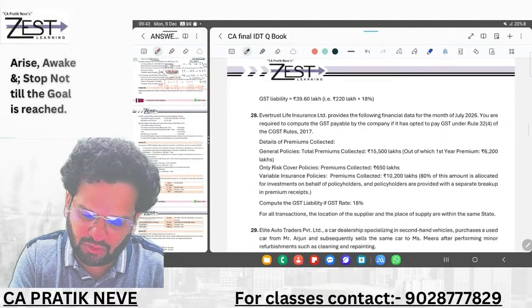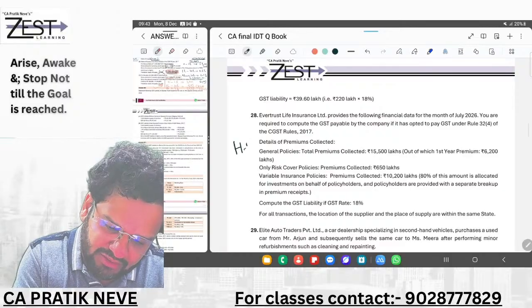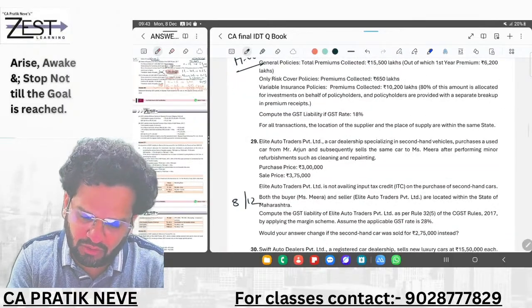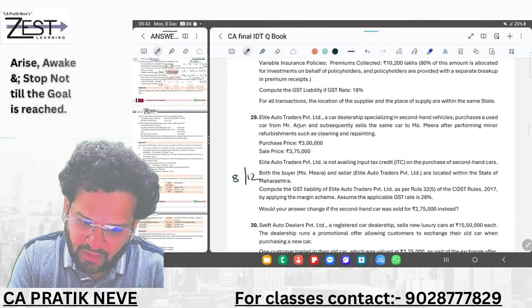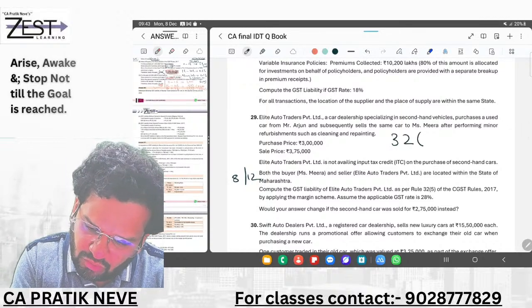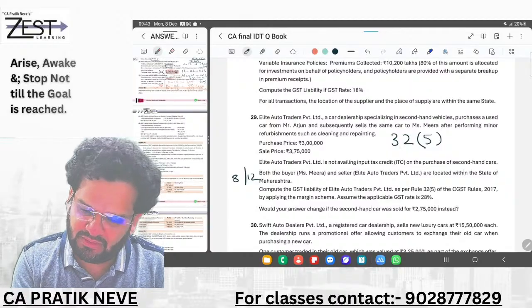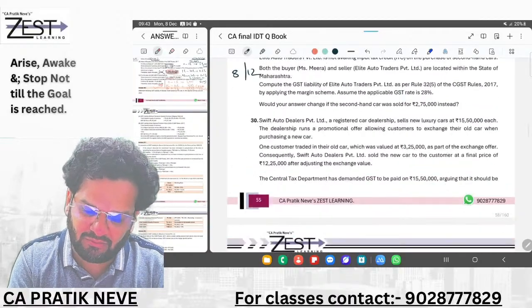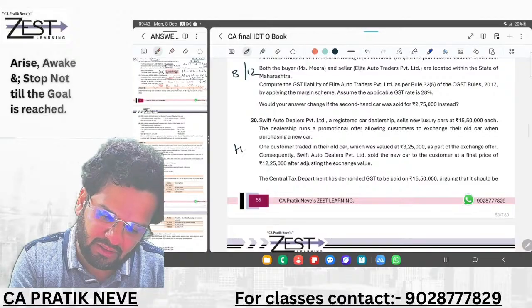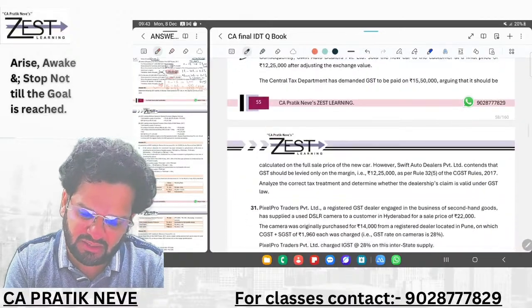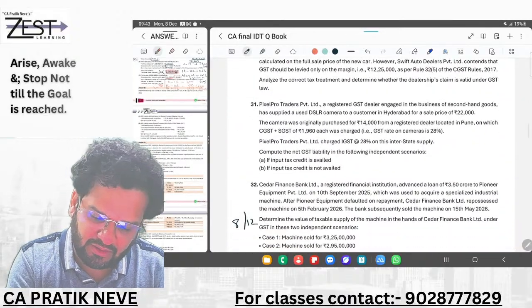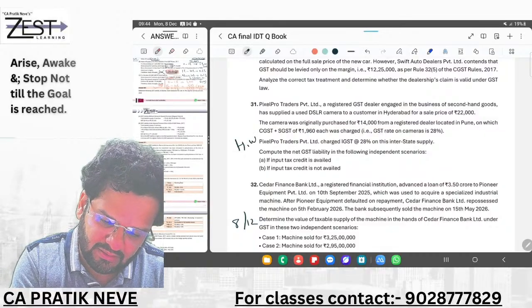I'll discuss that with you. Again, this is a policy question, this will be homework. This is 32(5), sale of a second hand car, we'll discuss that. Then 30 will be homework, it is on similar lines. This is also on similar lines.